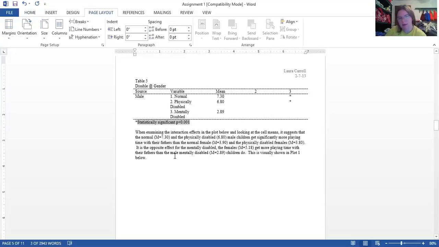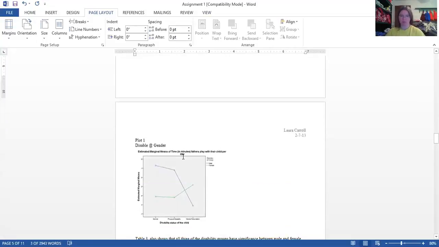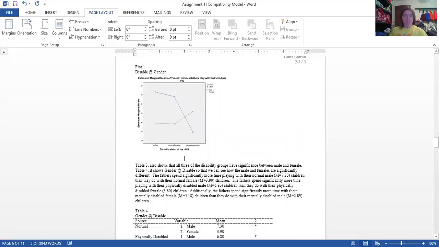The females get more playing time with their fathers than the mentally disabled male children. So this is a visual display down below of what's happening.